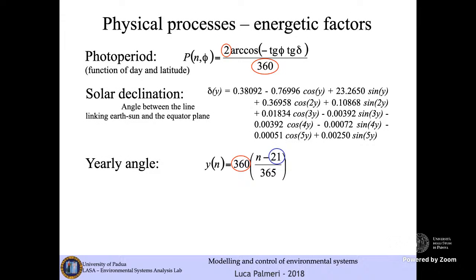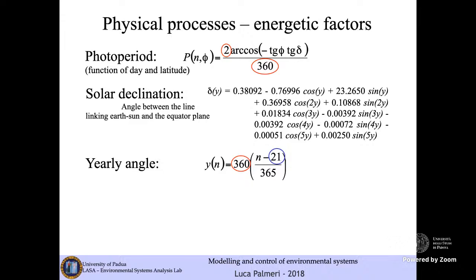So let's go back a little bit. Photoperiod, the quantity of day, but we have sun. The photoperiod goes from 1 in summer at the North Pole to 0 in winter at the North Pole.